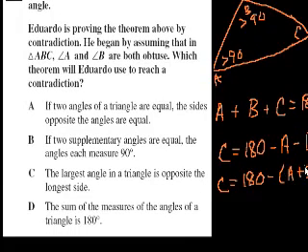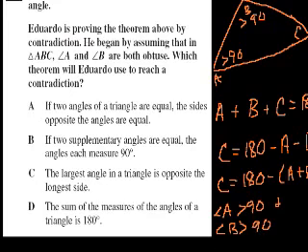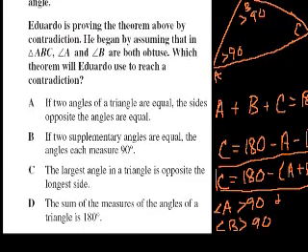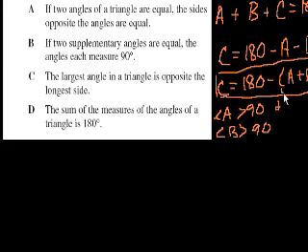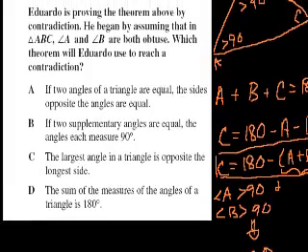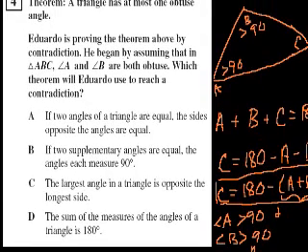Subtracting that from 180, we can deduce that C has to be less than 0, and we can't have negative angles. So right there, that is the contradiction.